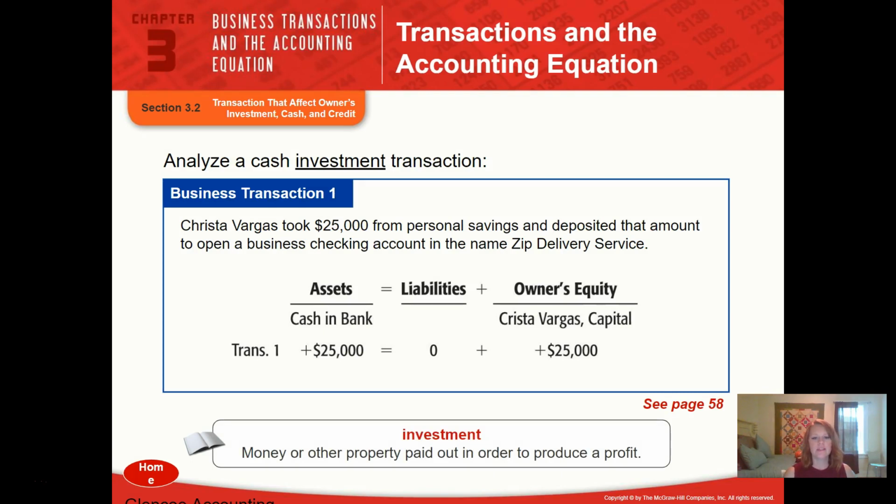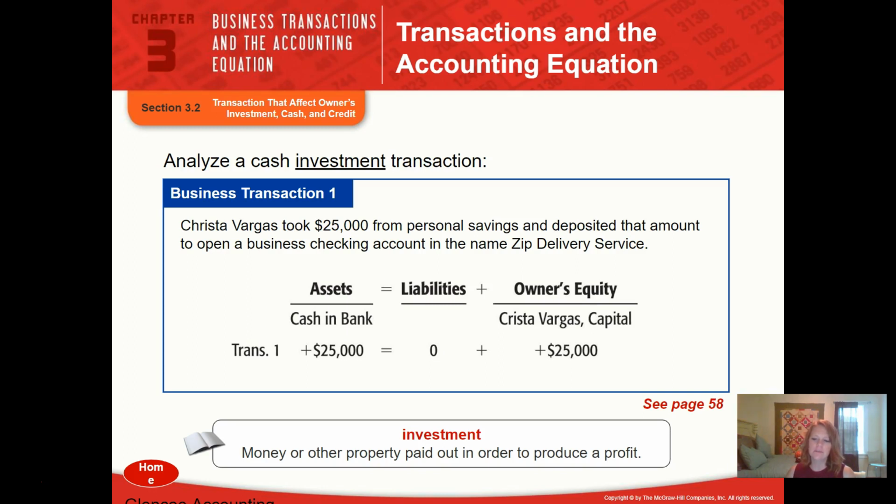So this is going to be the typical first business transaction that you'll see as we go through the assignments in this class. It will most likely always be an owner investment, and this is just saying that the owner put money into the business. So it says Krista Vargas took $25,000 from personal savings and deposited that amount to open a business checking account in the name Zip Delivery Service.